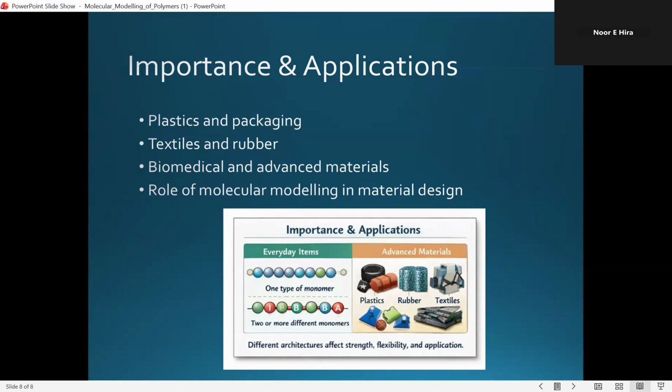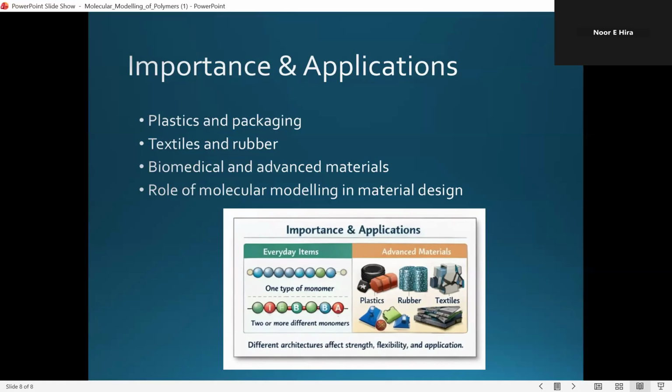Molecular modeling allows researchers to connect molecular structure to macroscopic performance. For example, we can predict how a polymer membrane will interact with gas molecules. We can understand the properties of polymeric membranes also. So you can understand the role of molecular modeling in material design.